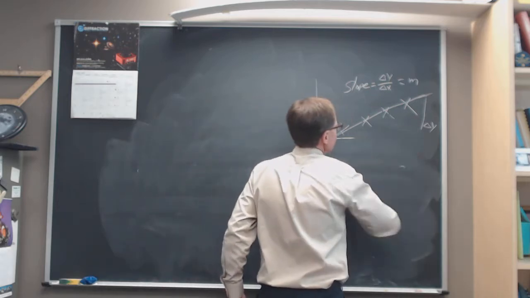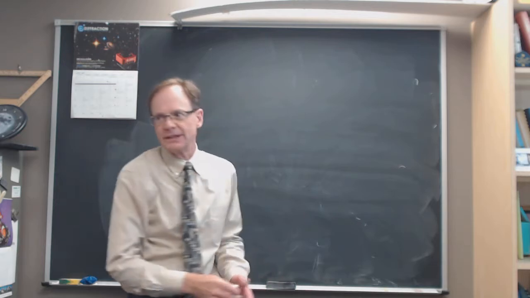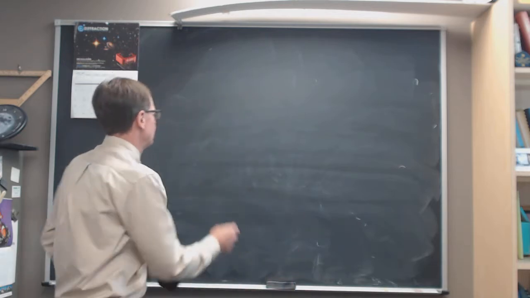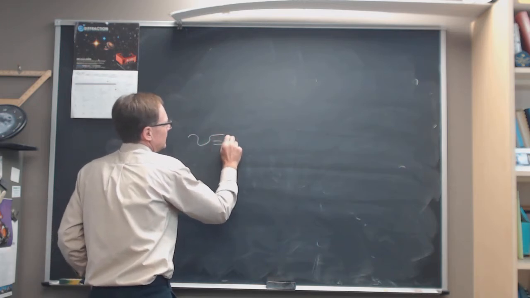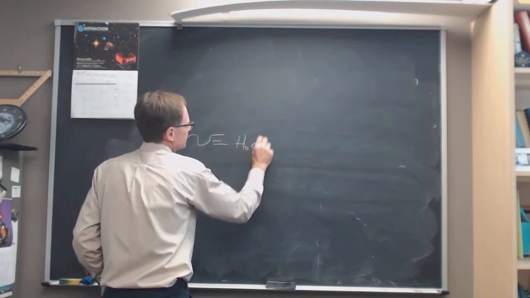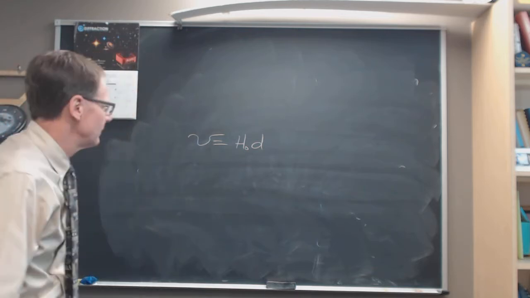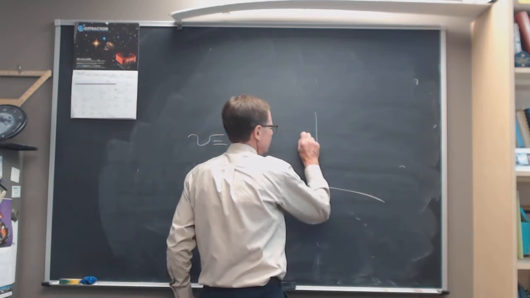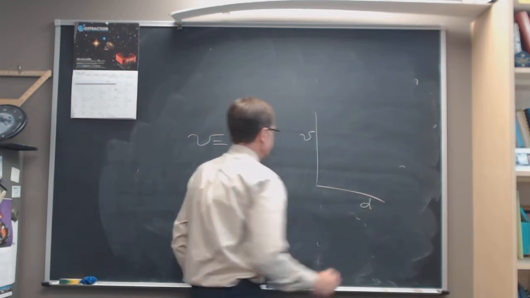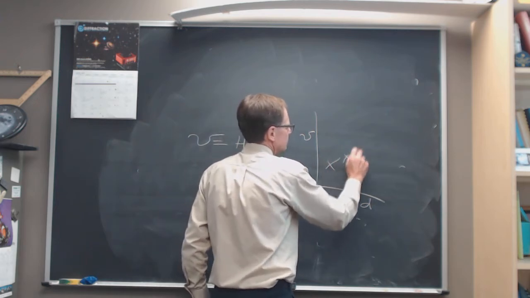But to say, if we measure the distance to a galaxy and its recession velocity, we should be able to use this Hubble elementary law to say that the velocity of recession is equal to the Hubble constant times distance. And so that Hubble constant times distance is a linear relationship. So if we plot v as a function of distance to the galaxy, we should get a line.